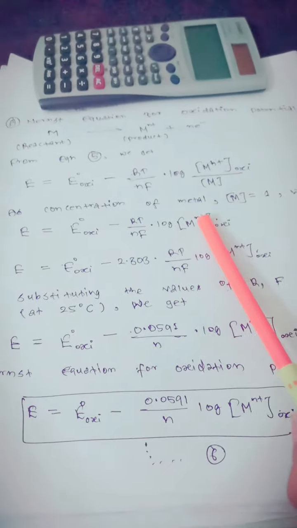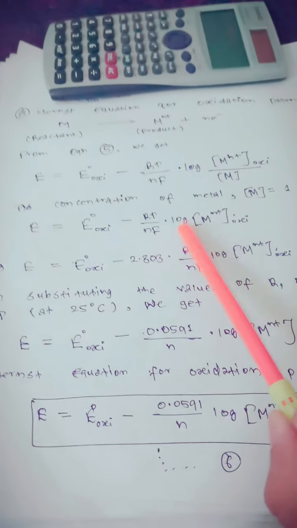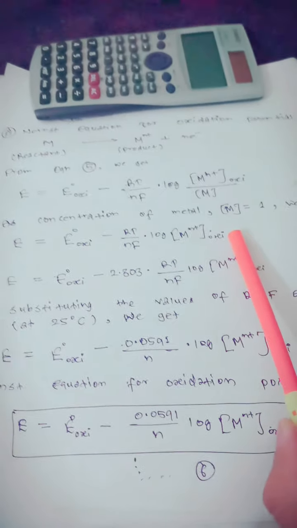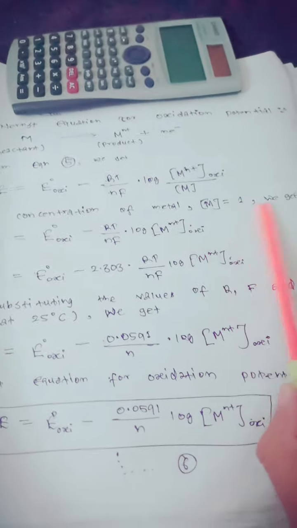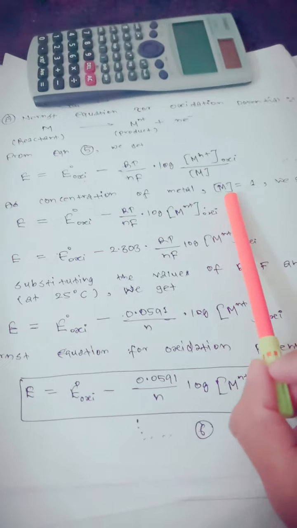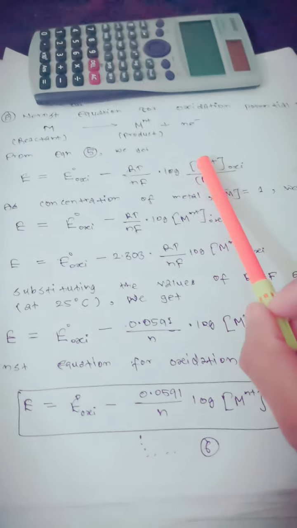As for the concentration of the metal, for any metal the concentration M value is equal to 1. If M is equal to 1, then the reactant value will be 1 in the above equation also.